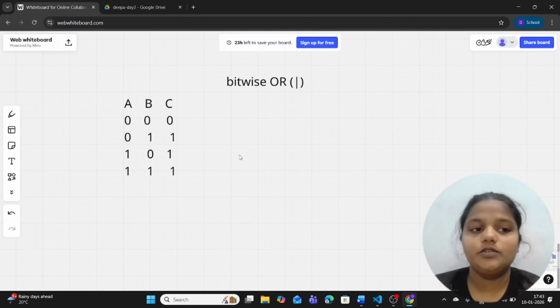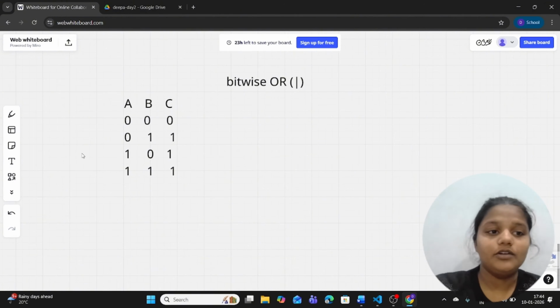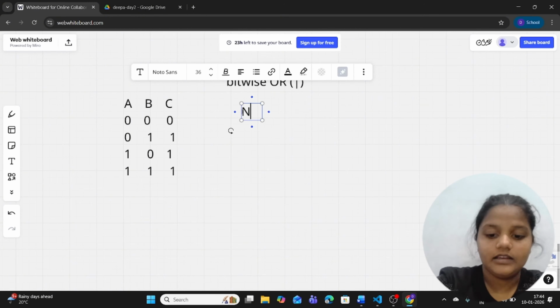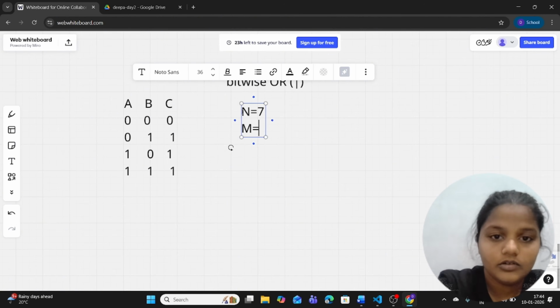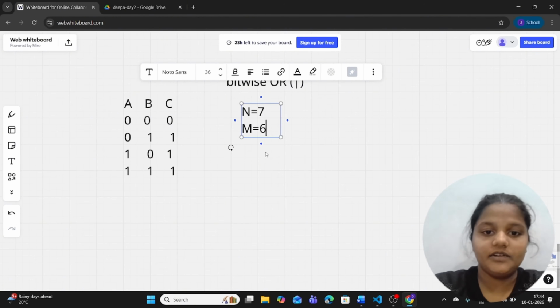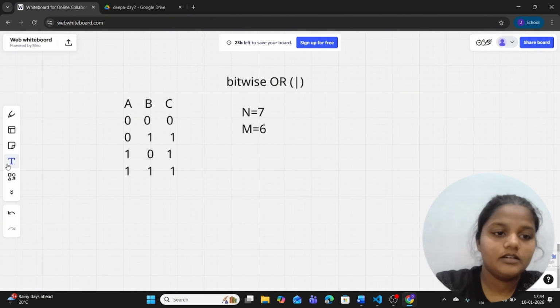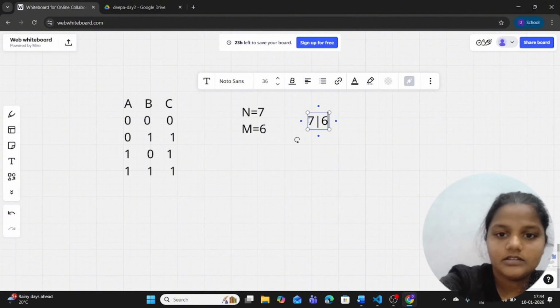Okay, so I hope you understood the decimal and binary conversion. First, we are going to take one example. I'm taking n equal to 7 and m equal to 6. We are going to perform the OR operation between these. So the question looks like 7 OR 6.